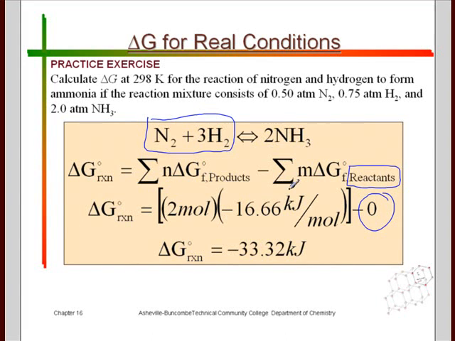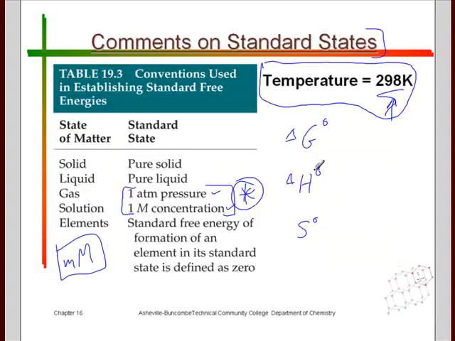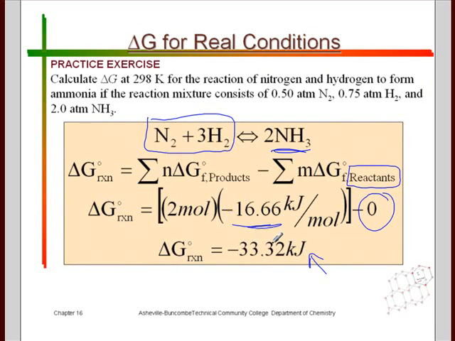And then as it's modified, like ammonia, you start getting numerical values. So 2 moles times what we grabbed from Appendix C tells us that at standard conditions, meaning rather high concentration or high partial pressure, 298 Kelvin, we have a spontaneous reaction. So that's what we're going to see.